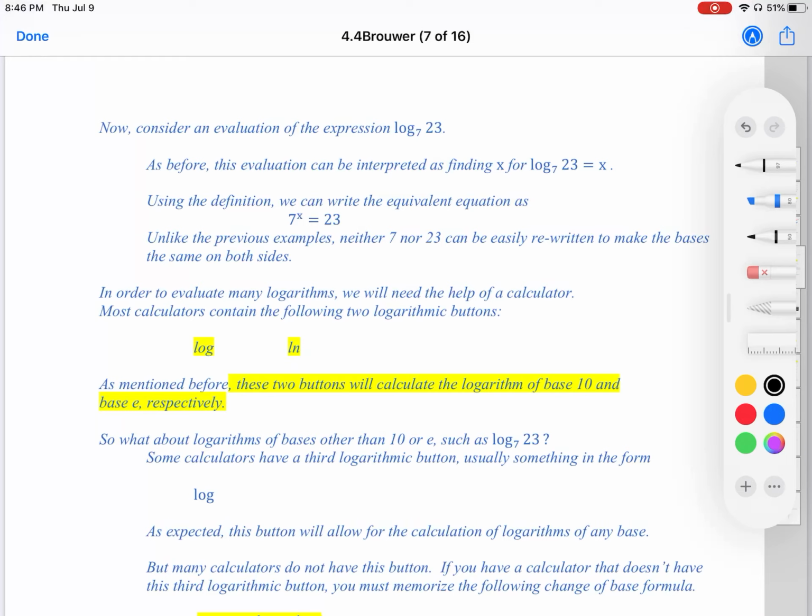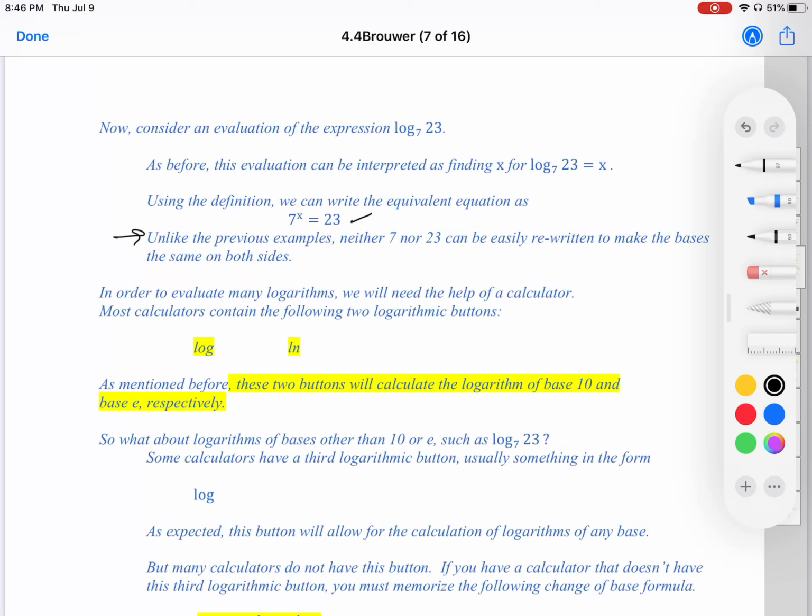Using the definition, we can write the equivalent equation as 7 to the x power equals 23. But we see that, unlike the previous examples, neither 7 nor 23 can be easily rewritten to make the bases the same on both sides. In order to evaluate many logarithms, we will need the help of a calculator.